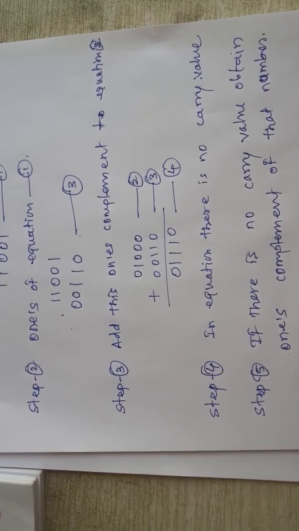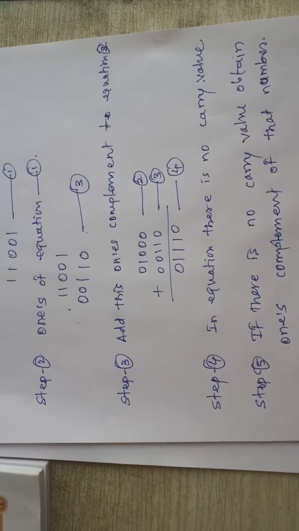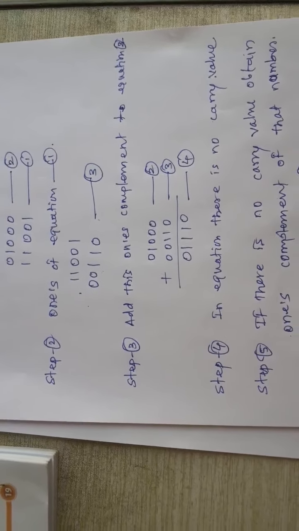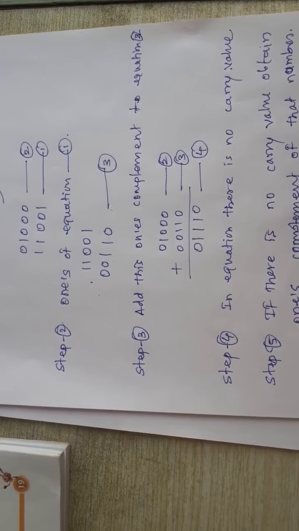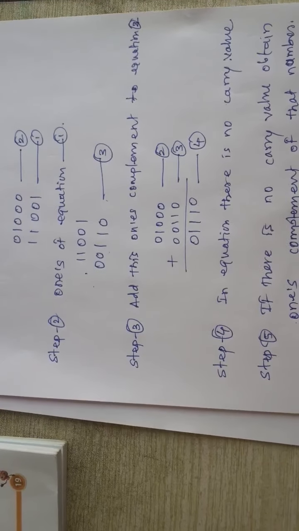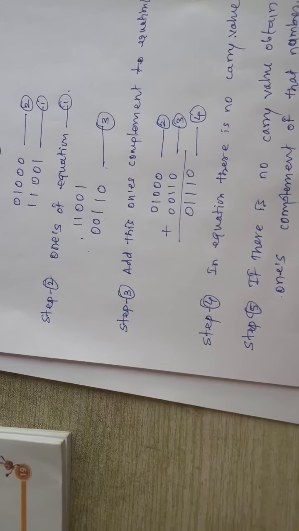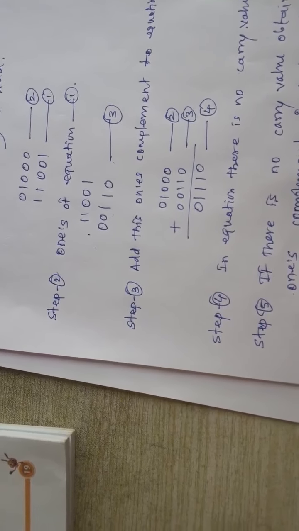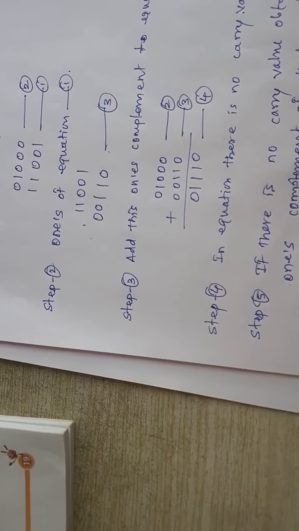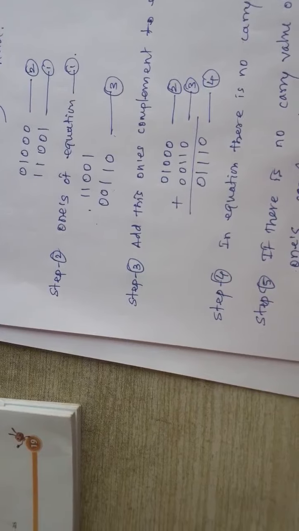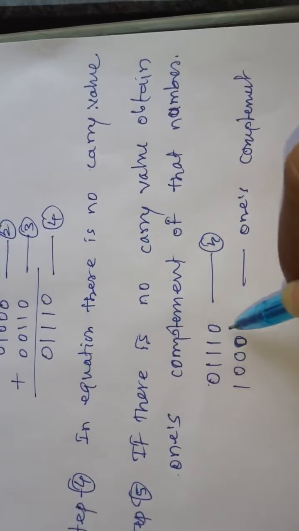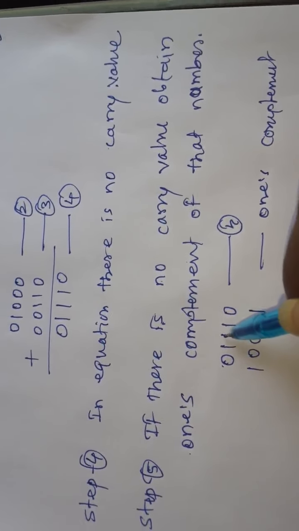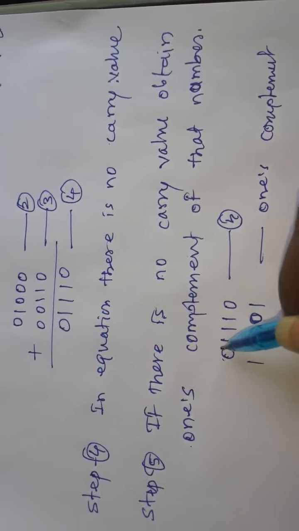What is equation 4? 01110. This is equation 4. What is its one's complement? 0 to 1, 1 to 0, 1 to 0, 1 to 0, and 0 to 1.